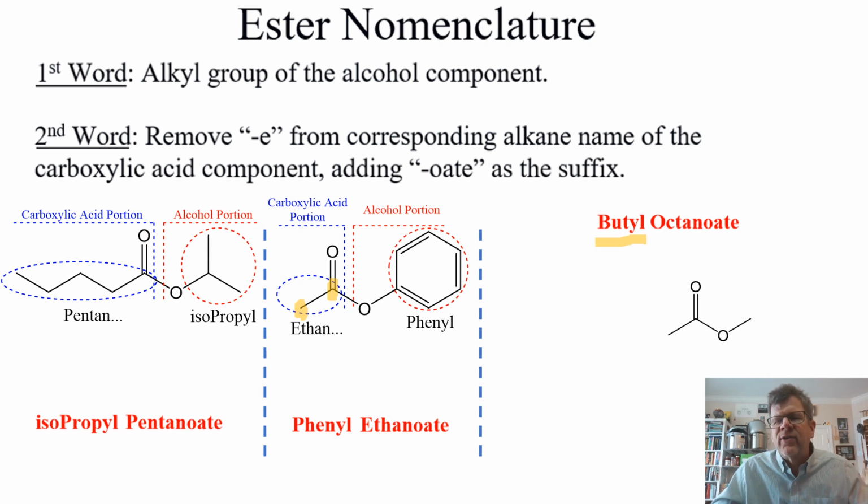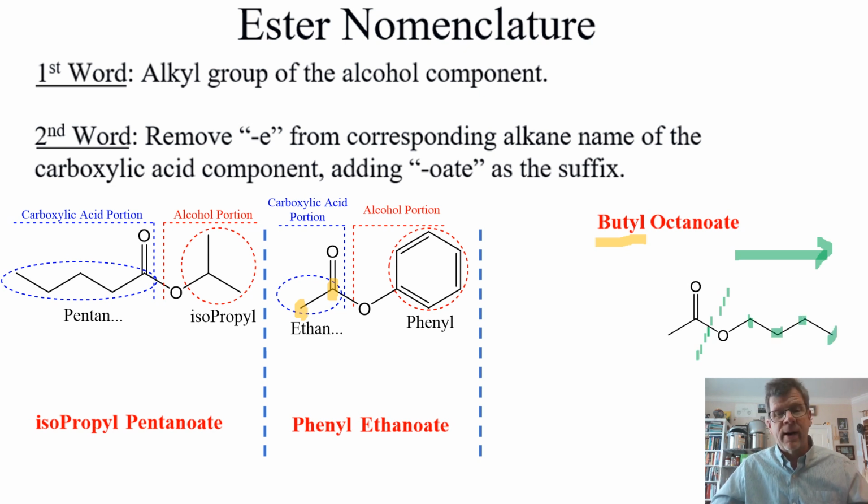Why? Because it says butyl. But is 4. Remember, that cut between the carboxylic acid and the alcohol component is through that bond with the alcohol component over on this side. So I need 4 carbons over on that side. There they are. 1, 2, 3, 4.